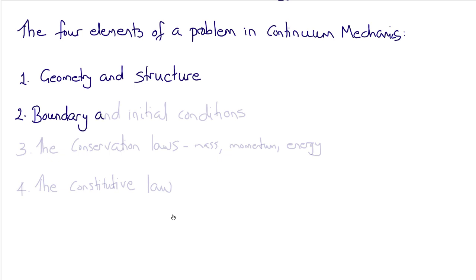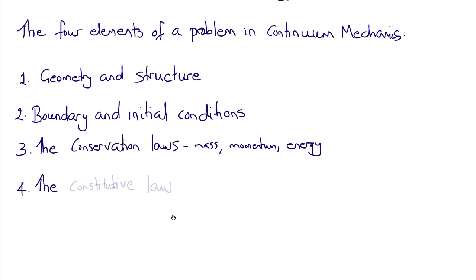Secondly, you need the boundary conditions, and if it's a time-varying problem, initial conditions. Third, we need the conservation laws, the conservation of mass, momentum, and energy, which are universal for all material continua. And finally, we need the constitutive law, which is specific to the particular material that we're studying.